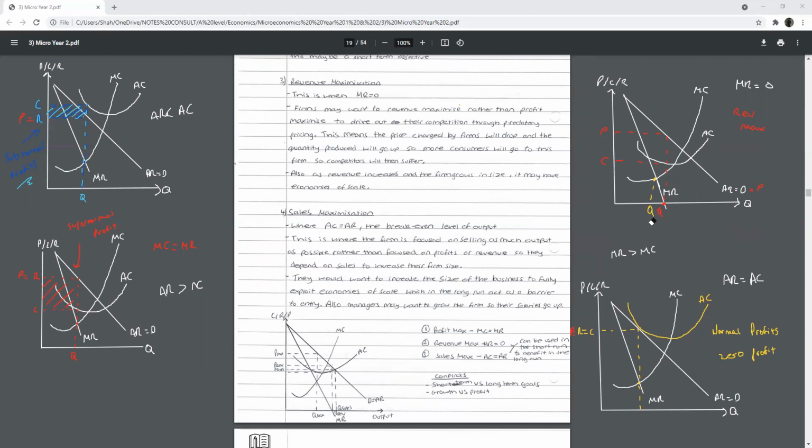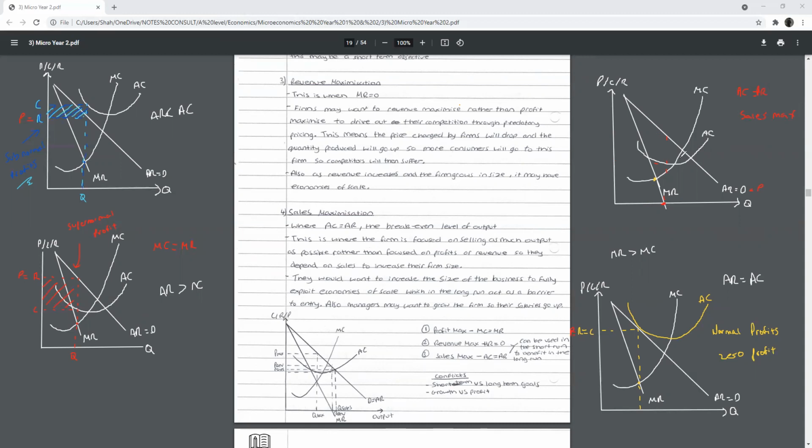So if I want to show sales maximization on this graph, where AC is equal to AR, this is sales max.